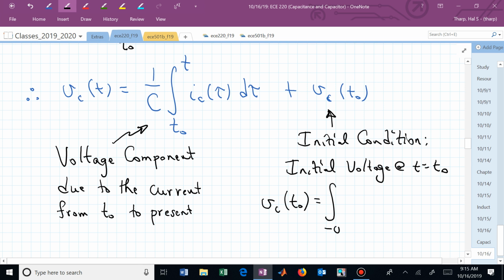Obviously, it takes a lot of knowing, because now you have to know what's happened from minus infinity up to t sub 0 with respect to the current. And that's now this 1 over C integral of I sub C of some variable of integration, maybe I should keep it the same, tau d tau.